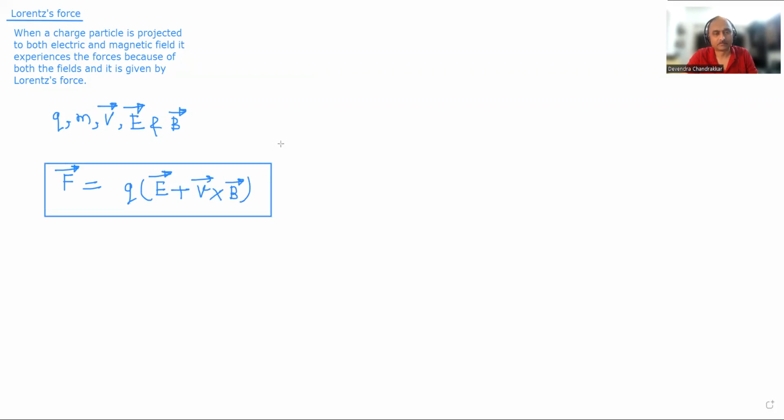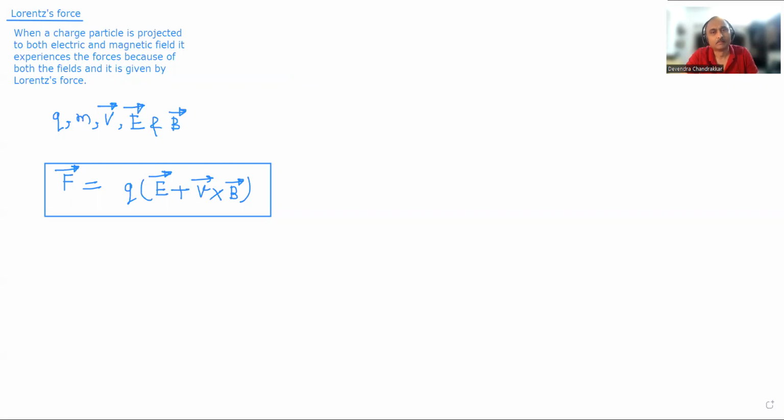This is called Lorentz's force. We have seen only the case when the charged particle was moving in a uniform magnetic field, and we wrote the velocity and position vector as a function of time t on the very first day.